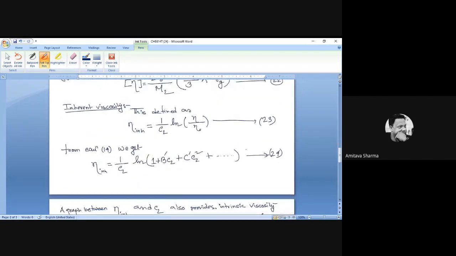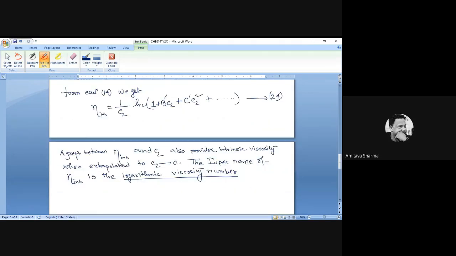And last one, the inherent viscosity. Inherent viscosity equals 1 by C2 log eta by eta 0. It's called logarithmic viscosity. By simply using equation 14, we can say 1 by C2 ln of 1 plus B prime C2 plus C prime C2 square. So from a straight line we can calculate the inherent viscosity, and it is also called logarithmic viscosity.